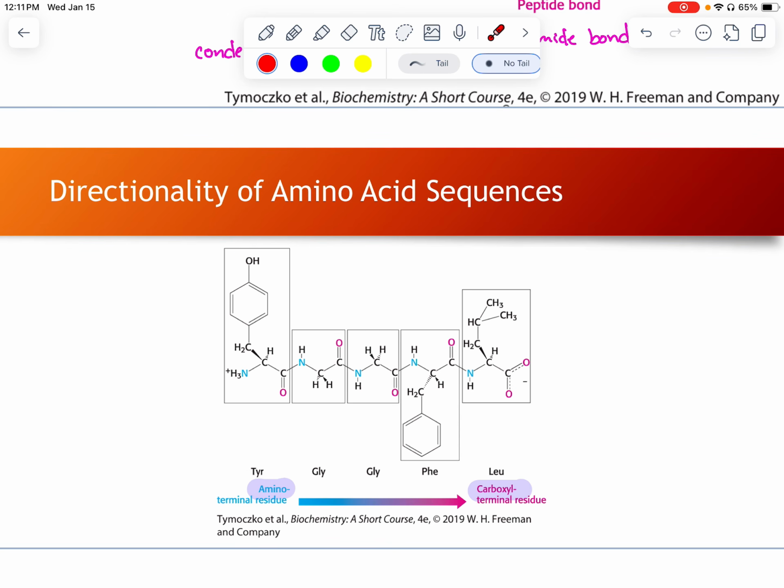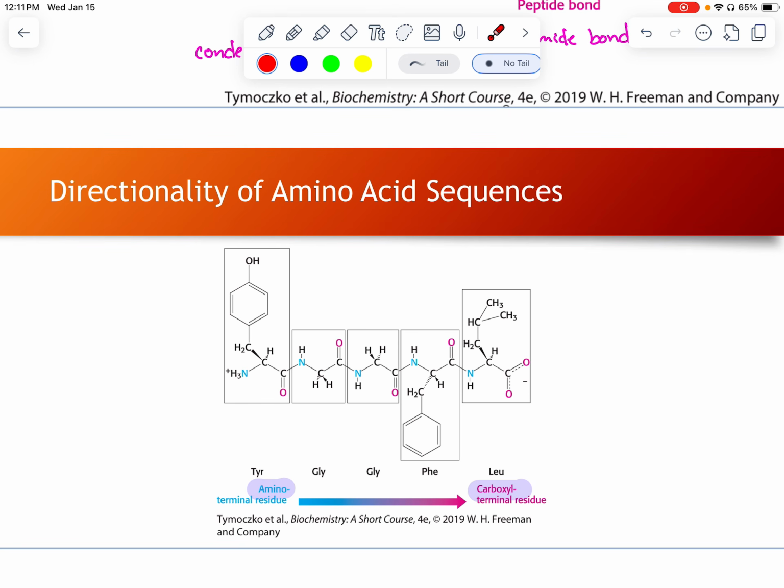That's my first amino acid, at my amino terminal. Oh, I can keep going, right? There's glycine, that's my next one, and the next ones, phenylalanine and leucine. And I can identify my amino acid sequence here.